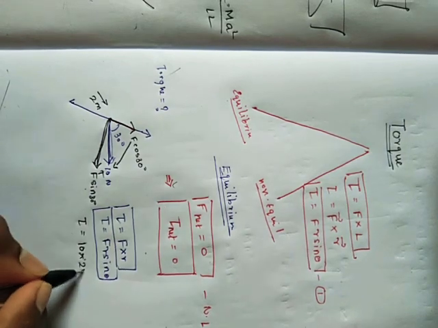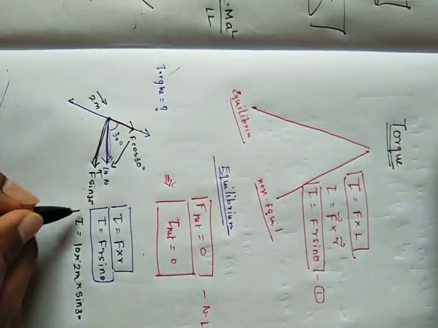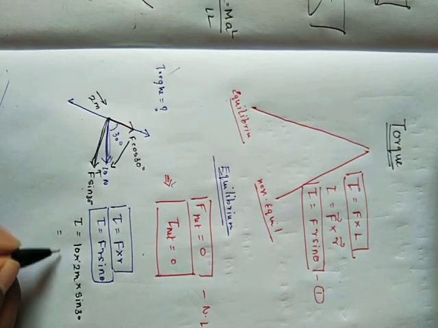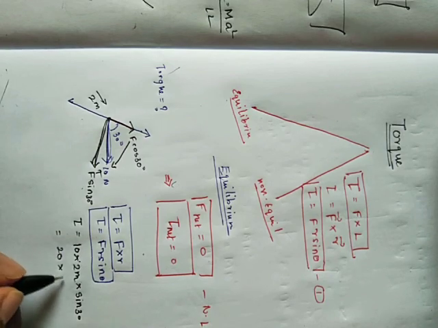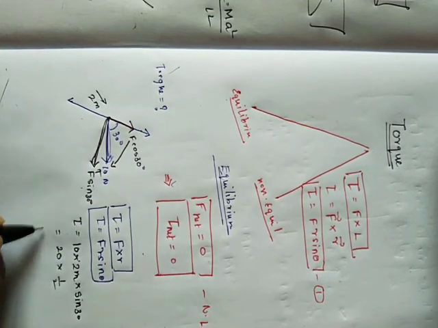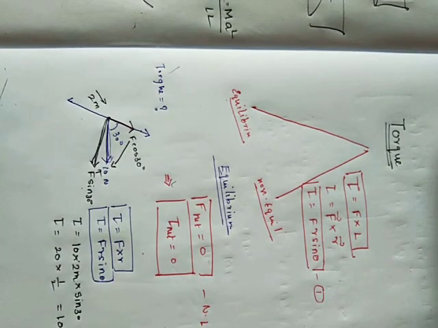R is 2 meter. And what is the angle? Sin 30 degree. What's the value of sin 30? It is 1 by 2. Finally, what's the answer? 10. That's the answer. So simple, we just got the answer.